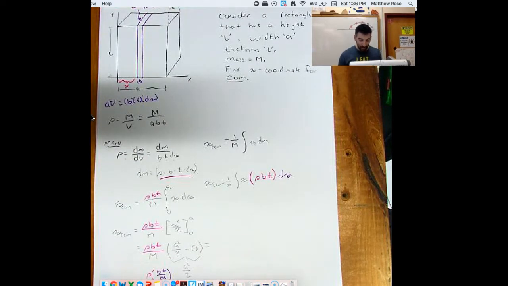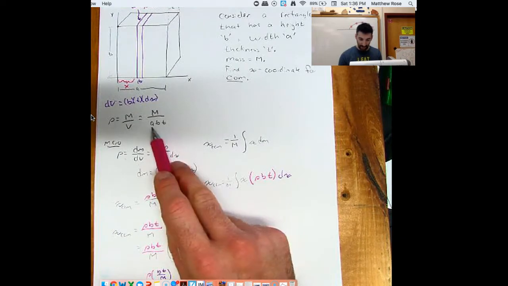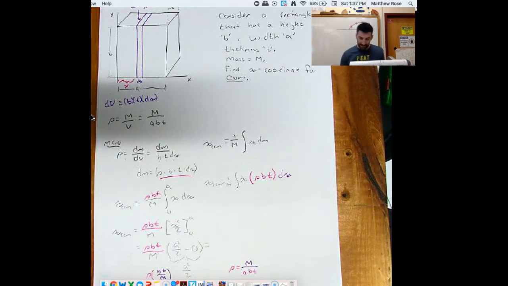When I sub my rho back in there, this whole thing is going to end up canceling out, because by definition rho is equal to mass per unit volume, which is a b t. When I plug that back in, all of this cancels out.